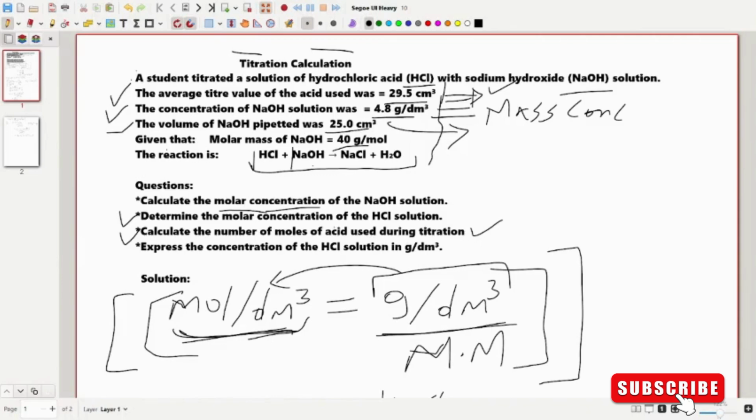You can take the molar mass of hydrochloric acid as 36.5 g/mol. Then attempt it and put your answer in the comment section.